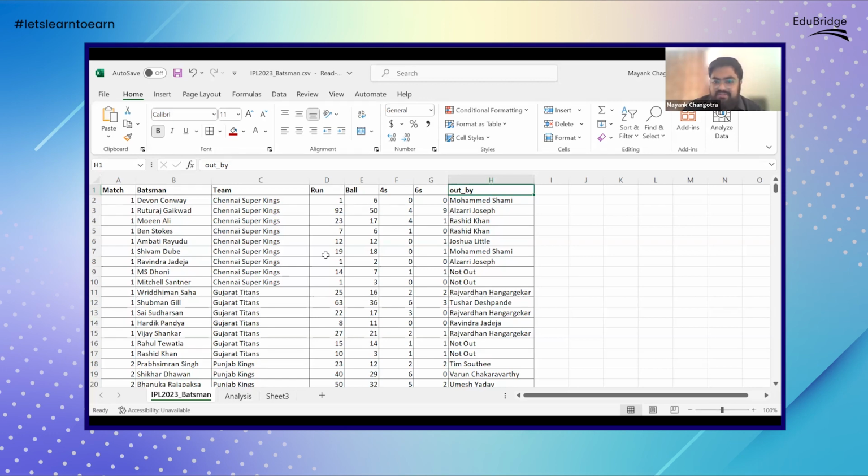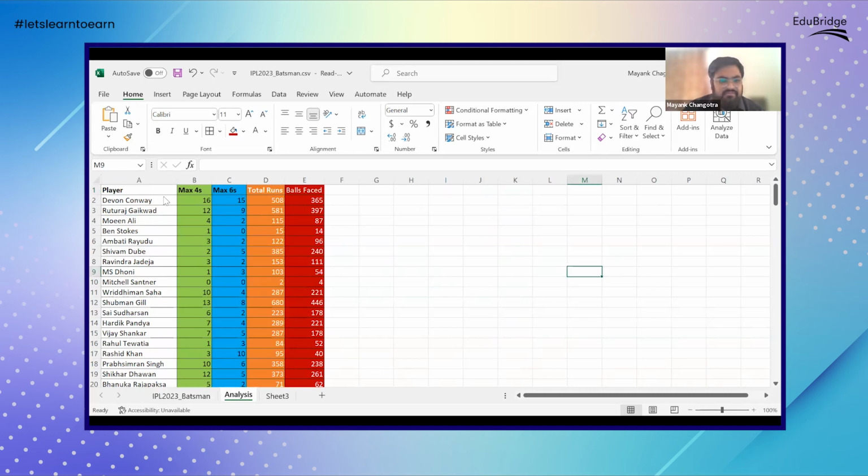Now, if I want to do some analysis on top of it, I'll apply some formulas. From all these 56 matches, I take how many unique players I have in this sheet, and for that I used a particular formula. Then, to get insights, like which player has hit the maximum fours, for example, one player has scored a maximum of 16 fours and 15 sixes, and how many total runs he has scored and how many total balls he has faced.